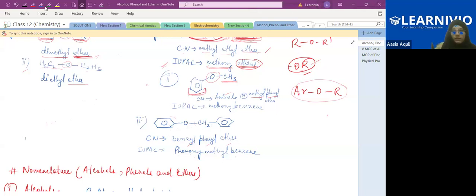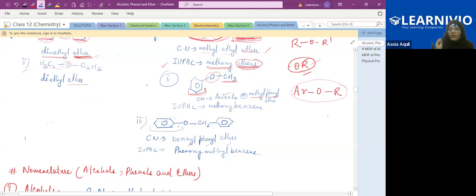Aisha Salim, you have a doubt? You just asked me why it is known as phenyl ring, why it is not called benzene. Here this is acting as a substituent, not the parent chain.